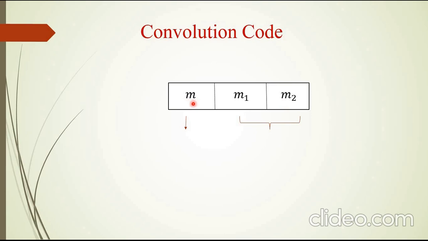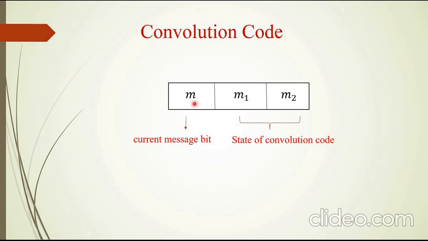Now see, this M represents the current message bit. And these two bits represent the state of the convolution encoder. These preceding two successive bits, the previous two message bits, represent the state of the convolution code.